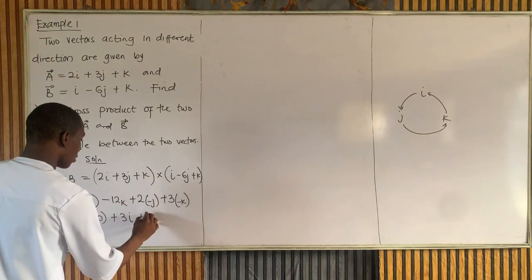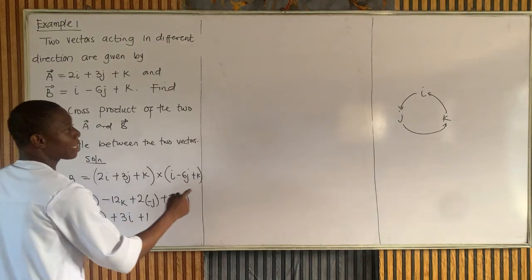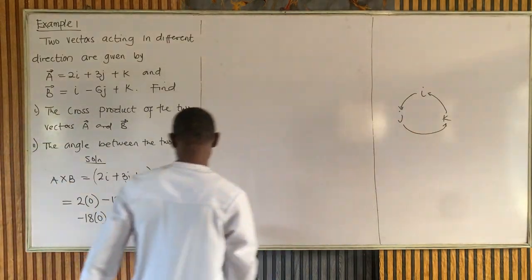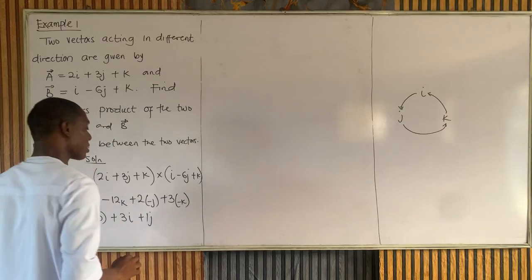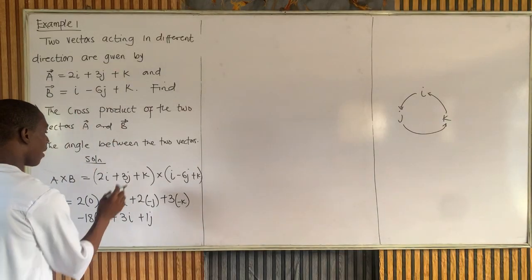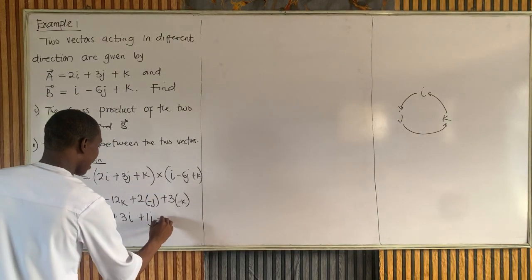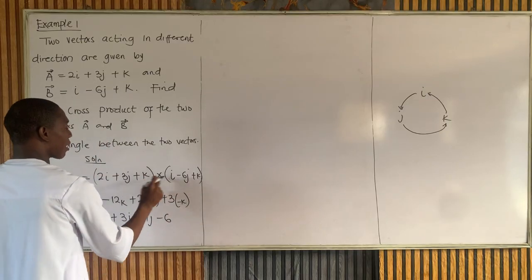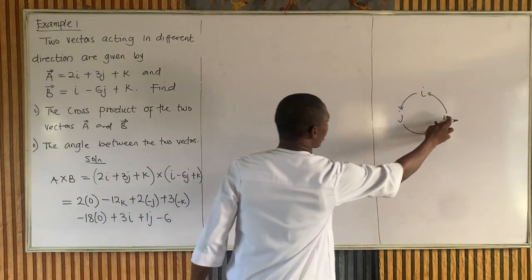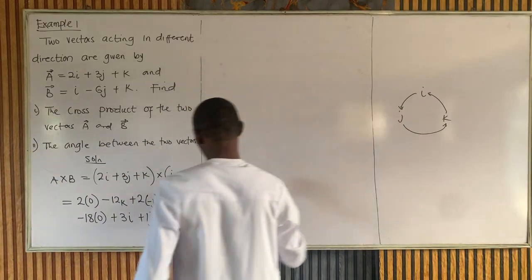K cross I will give us j. That's 1j, which is the same thing as j. Now, 1 times minus 6, that's minus 6. Then k cross j, we are going in the opposite direction, that will give us minus I.